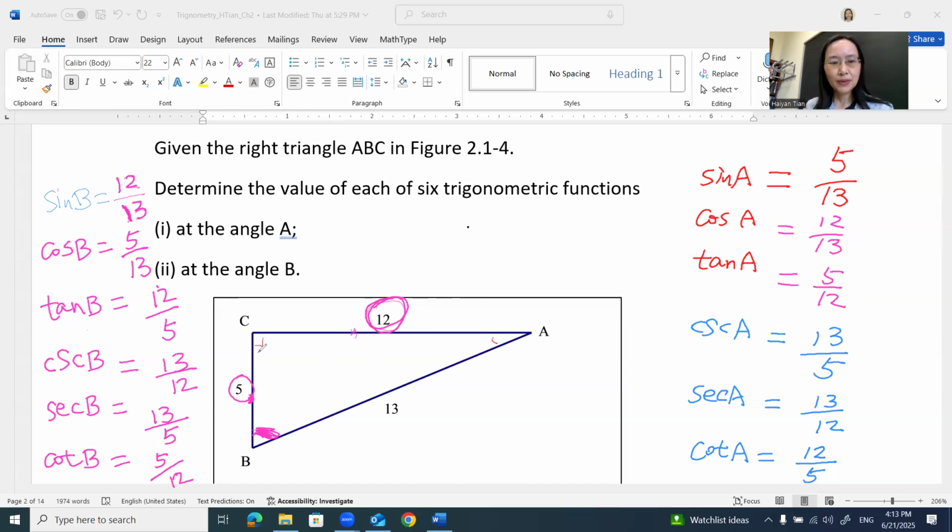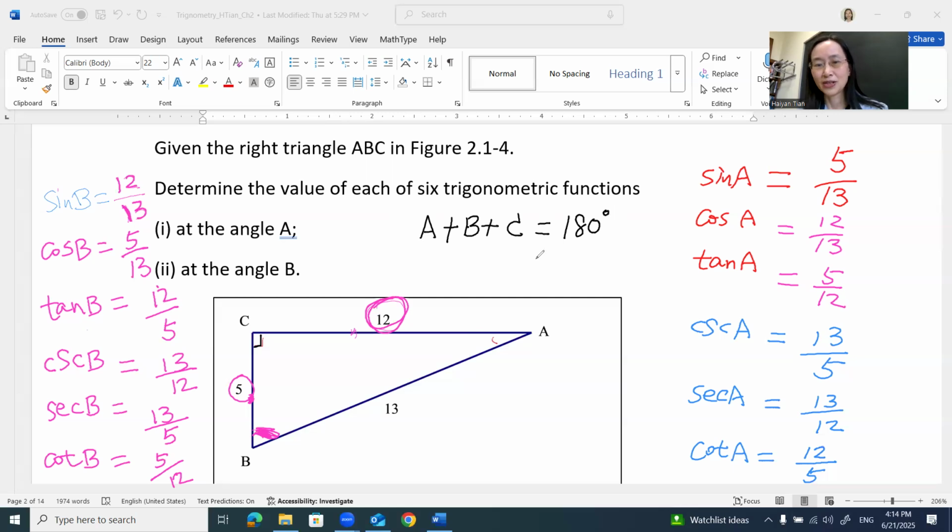So yes, we have A and B, they're complementary angles, simply because the sum of 3 interior angles of a triangle is 180 degrees. Remember, A plus B plus C, the 3 angles will add up to 180 degrees.